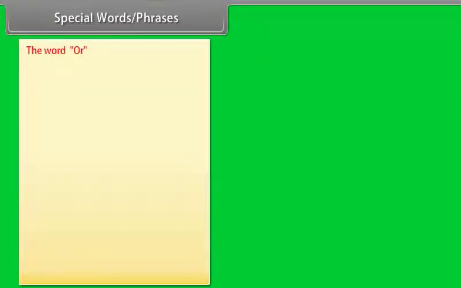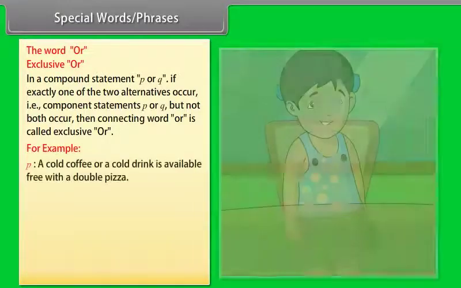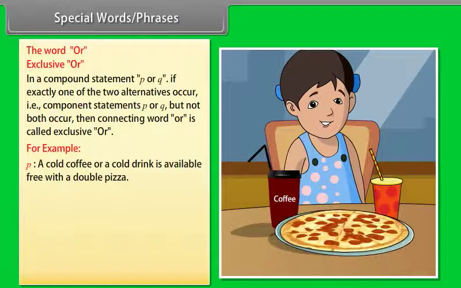The word "or". Exclusive or. In a compound statement, P or Q, if exactly one of the two alternatives occurs, that is, component statements P or Q, but not both occur, then the connecting word "or" is called exclusive or. For example, P is a statement that a cold coffee or a cold drink is available free with a double pizza.